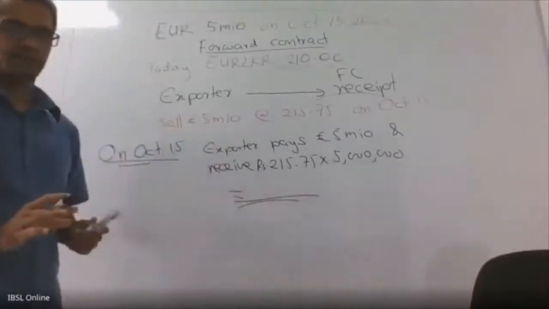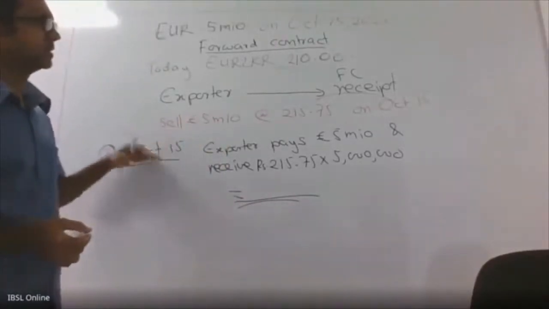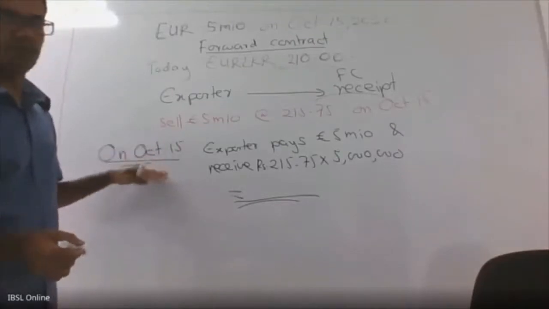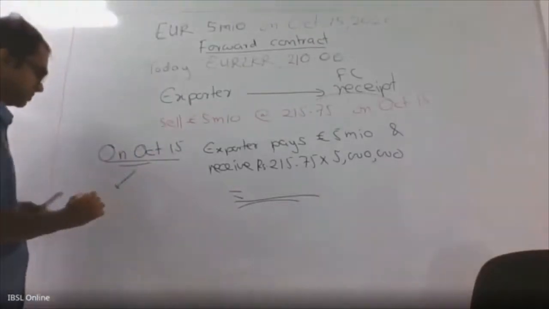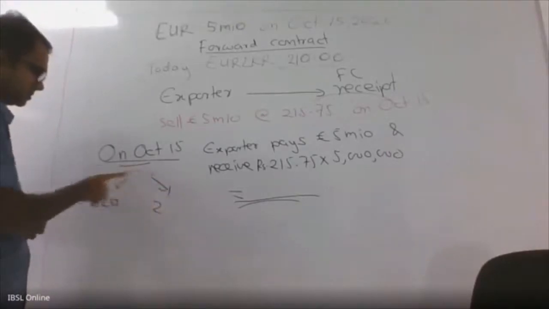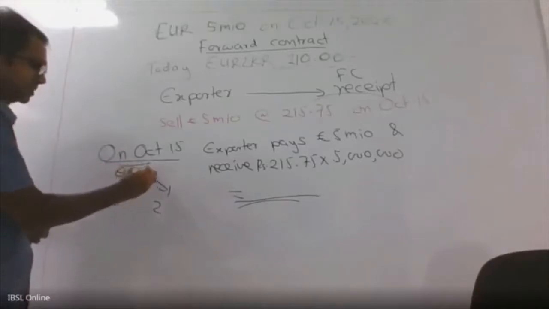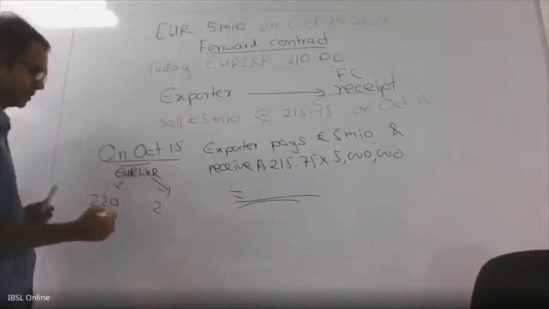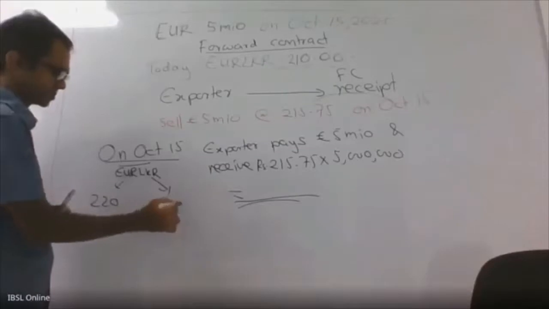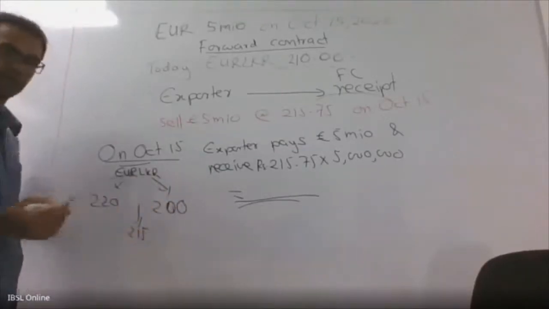It doesn't matter what the exchange rate would be. What is the exchange rate on October 15? The euro LKR exchange rate may be 220, or 200, or maybe 215. We don't care.